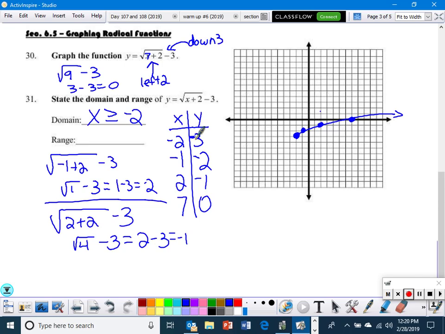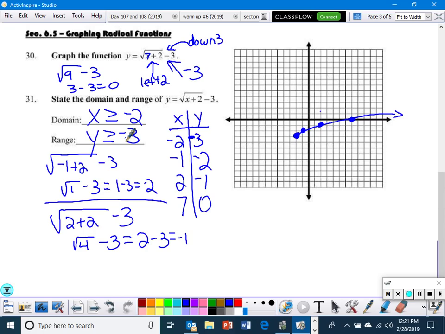My bad. That's a negative 3, folks. Negative 3. Sorry about that. Did I write it correctly over here? Oh, yeah. Negative 3. So my range starts at negative 3 and gets bigger. So y is greater than or equal to negative 3. Sorry, I missed that sign. I plotted it right, but I missed the sign.